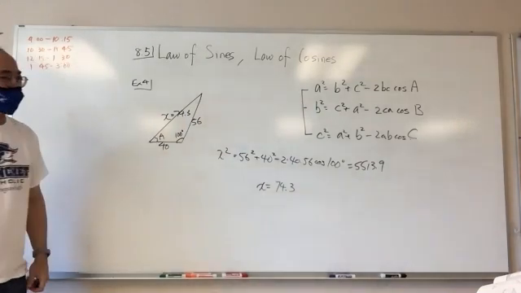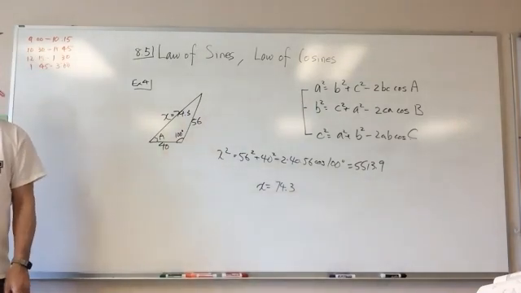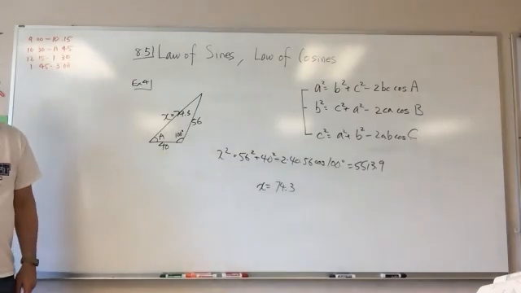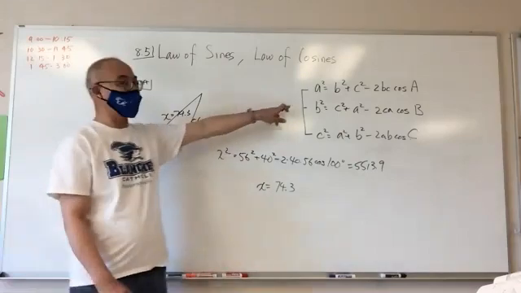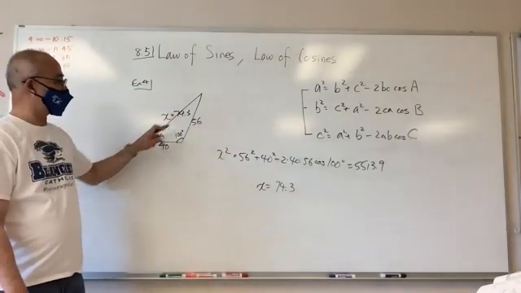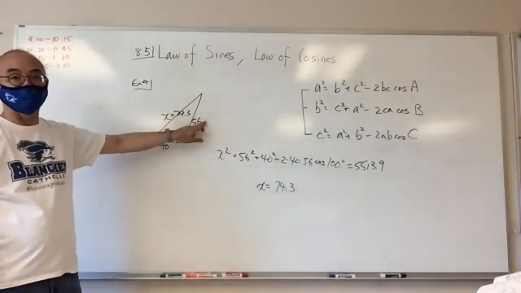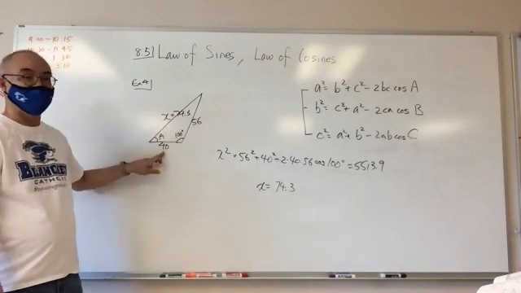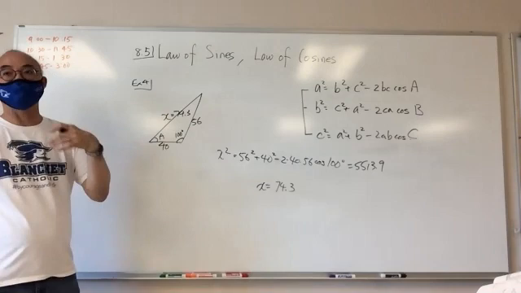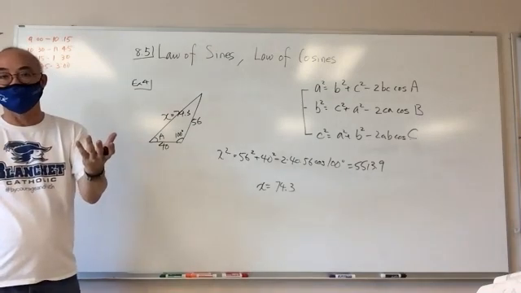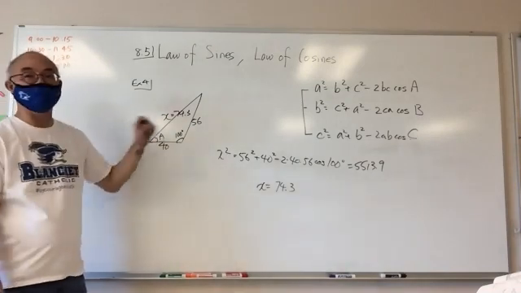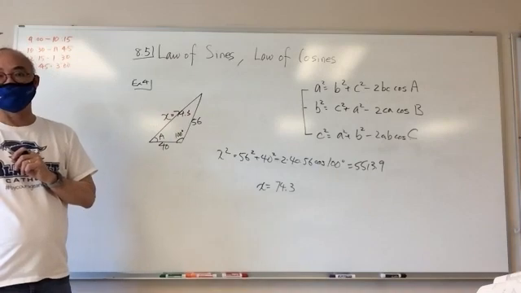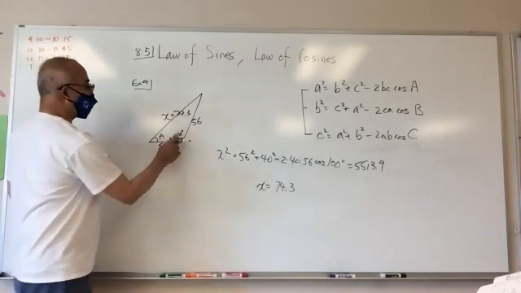How would I find A? I can put it back into here, right? To find this answer, now it's 56 squared is equal to 74 squared plus this squared. I can do it that way. That would be the long and the hard way. But now I can actually use the law of sines, correct? Because I know this and this.